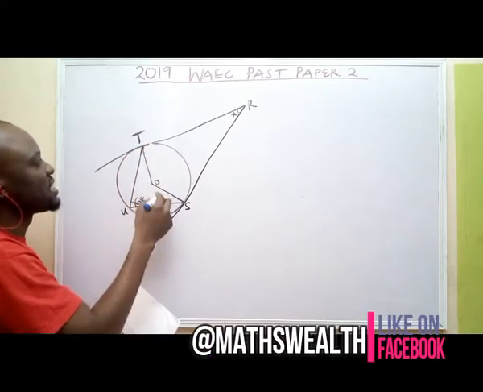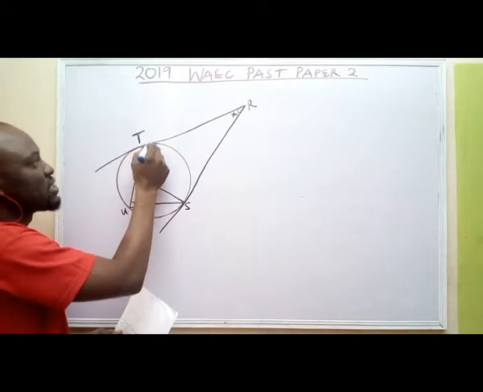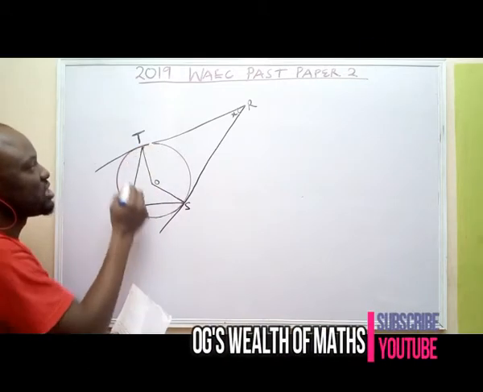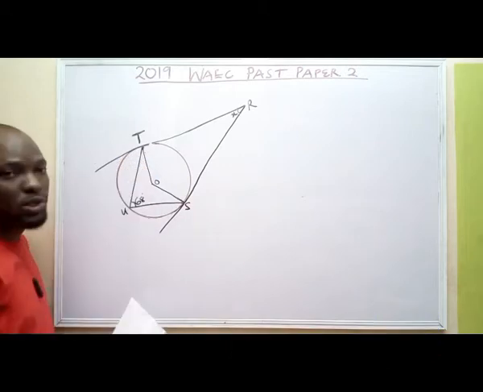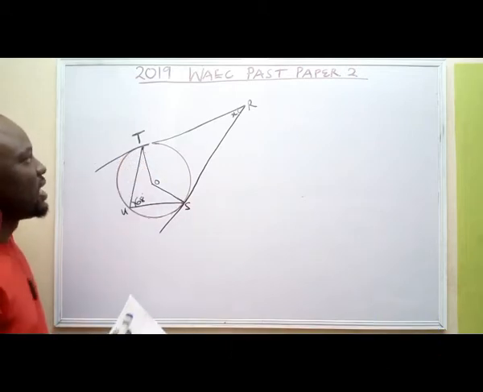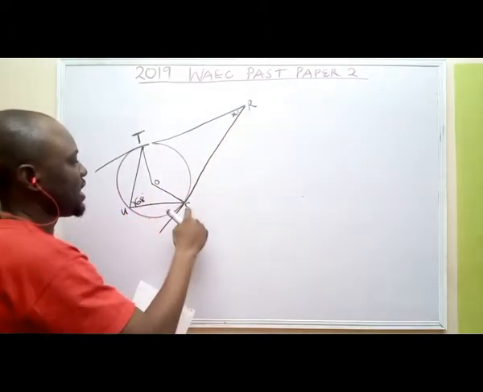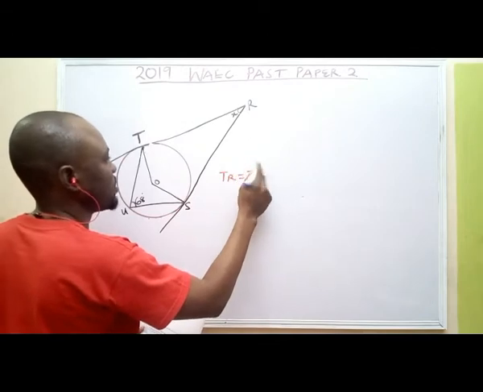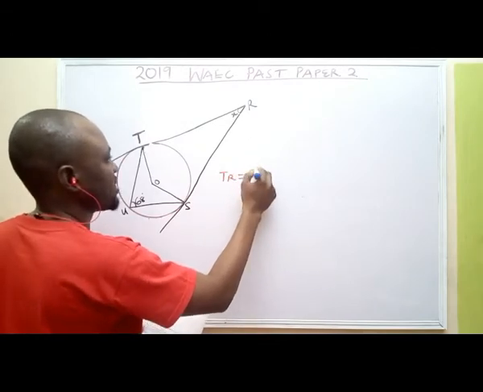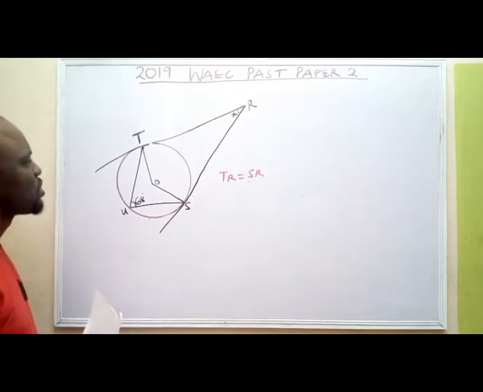On this other side, the angle between the radius and the tangent is also 90 degrees. And since the lengths of TR and TS are equal, TR equals SR.